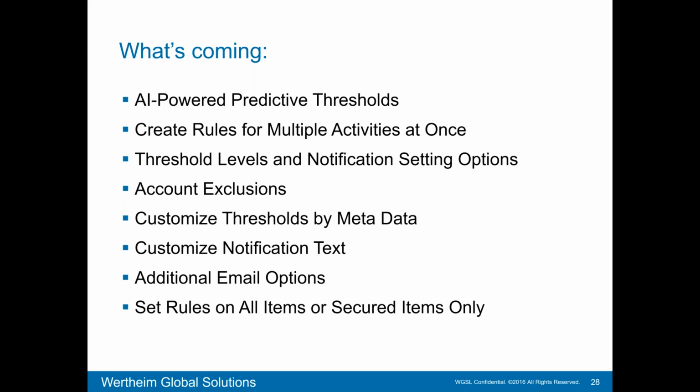So if somebody were to email 10,000 unsecured items, I don't care. That's a choice you make. But if they email 100 secured items, I need to know about it. So you get to set the rules on either or both of those options.